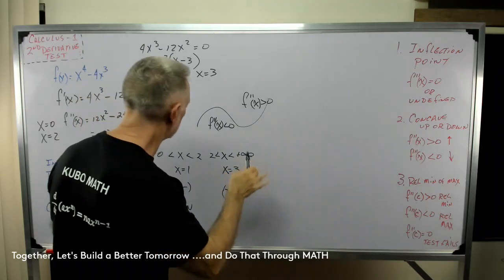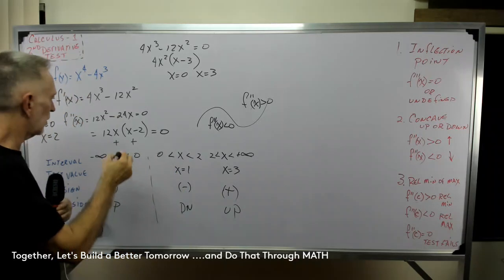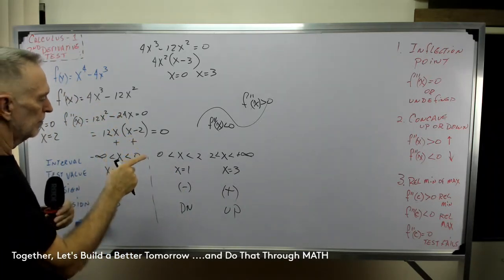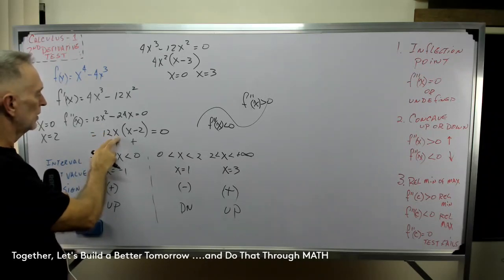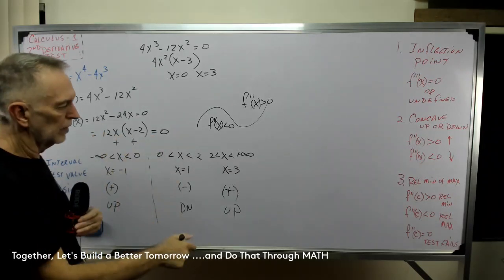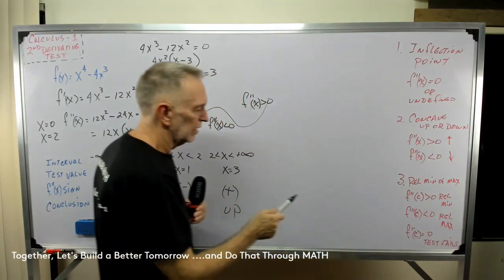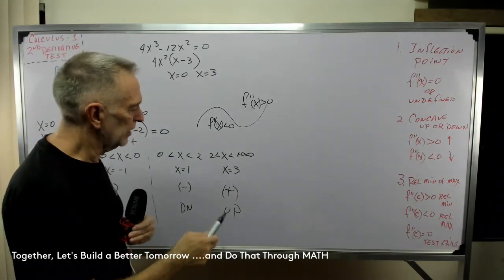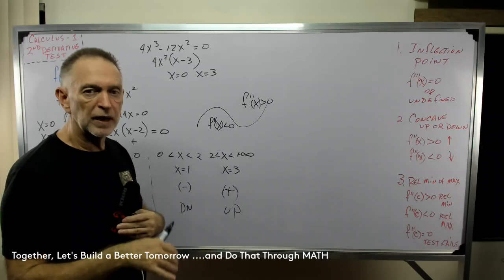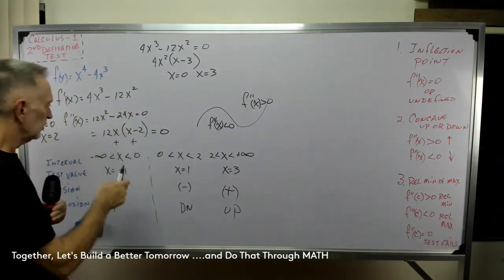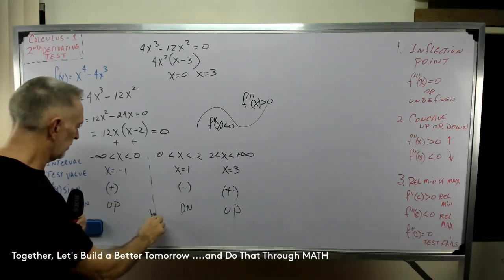All right, let's now plug x equals 0 into f double prime. Now you'll notice if I plug 0 into this, I get 0. And it says if f double prime of c equals 0, then the test for a relative minimum or maximum has failed. So that didn't tell me anything when I put in x equals 0.